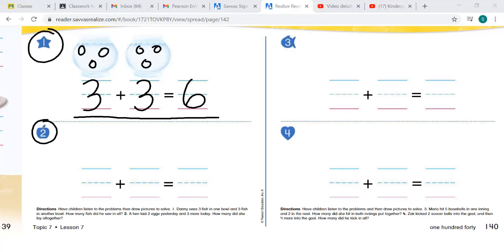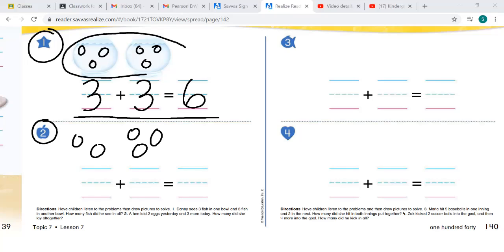All right, we're at number 2 now. A hen laid 2 eggs yesterday. So 2 eggs, right? And then 3 more today. 1, 2, 3. Oh, we forgot. We're joining them together, right? So how many did she lay all together?